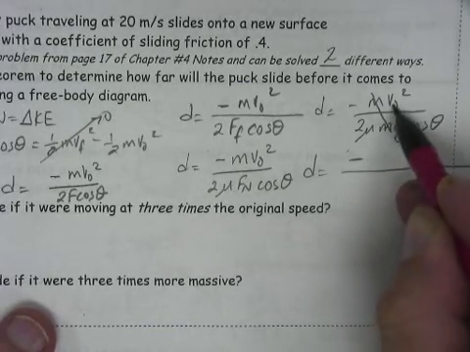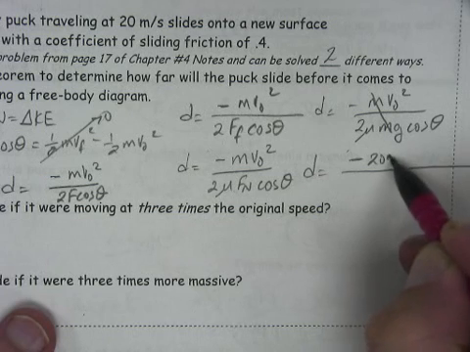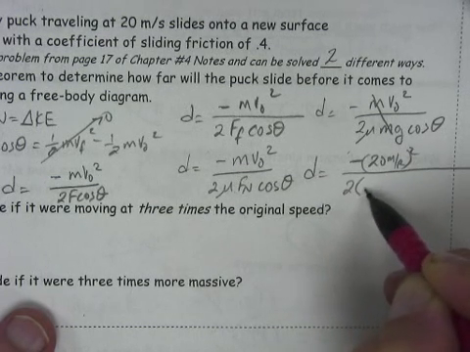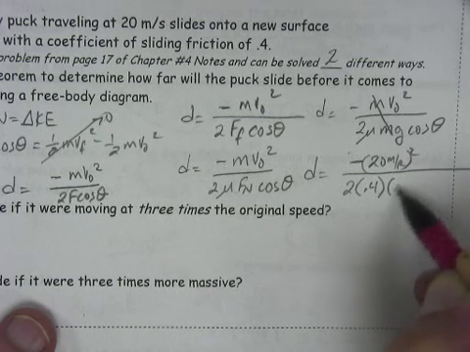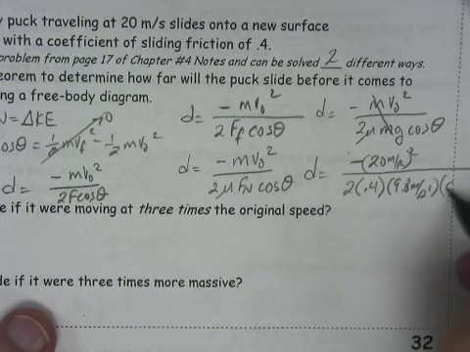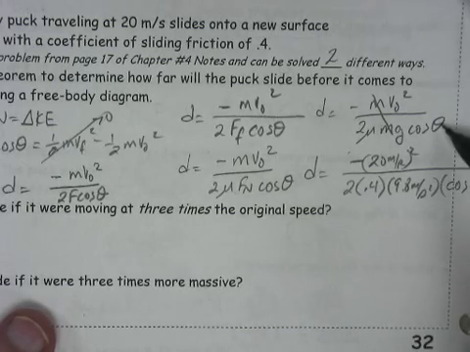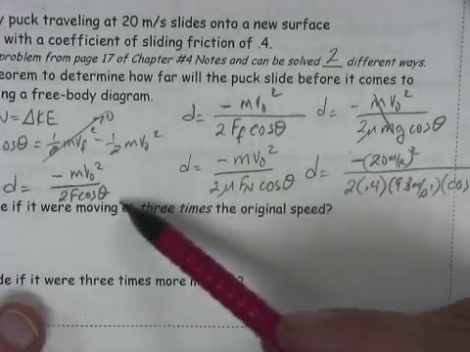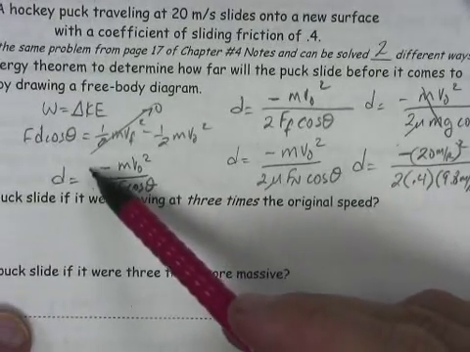So I've got negative, the speed there is 20 meters per second. I'm going to square it, divided by 2, divided by 0.4, divided by 9.8 meters per second squared, cosine of... All right, let's figure this out. Where did this theta come from? I'm kind of chasing it backwards.